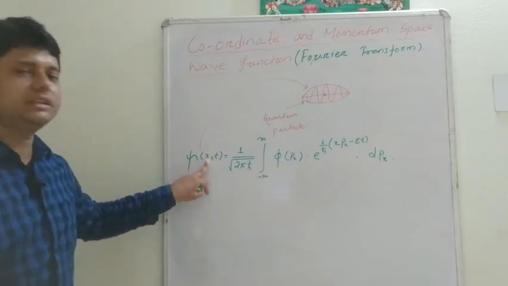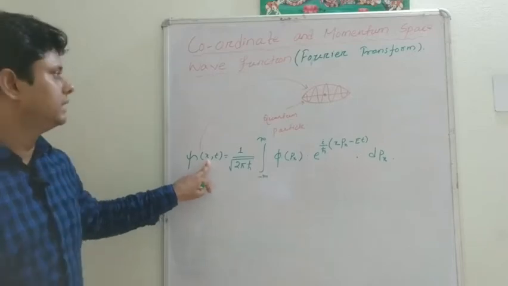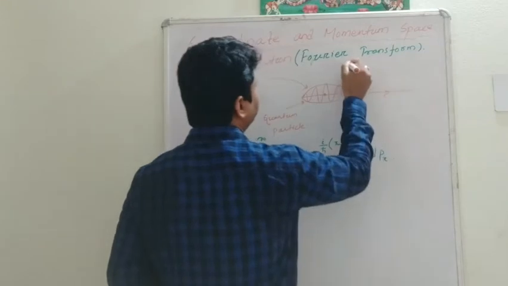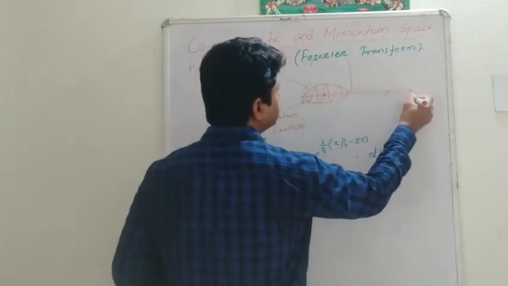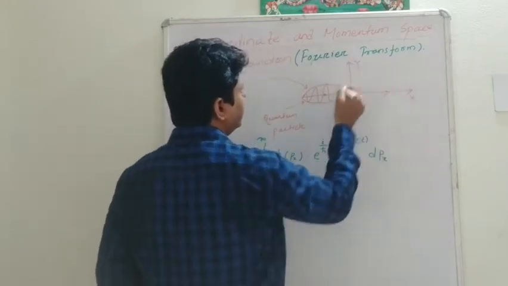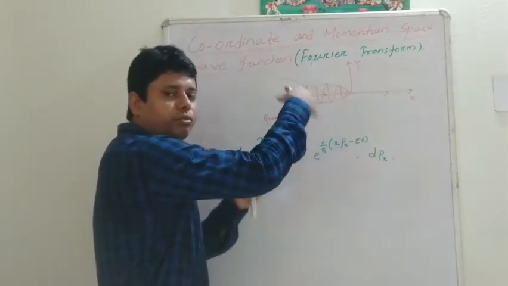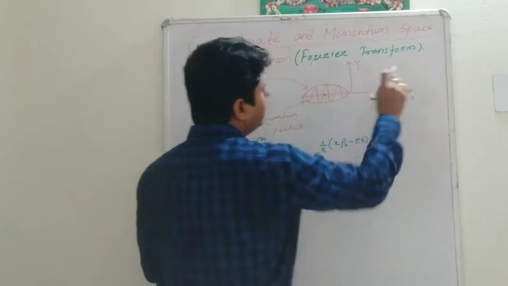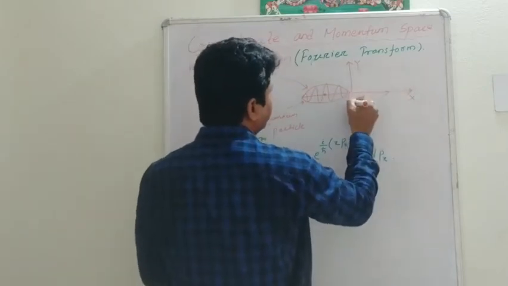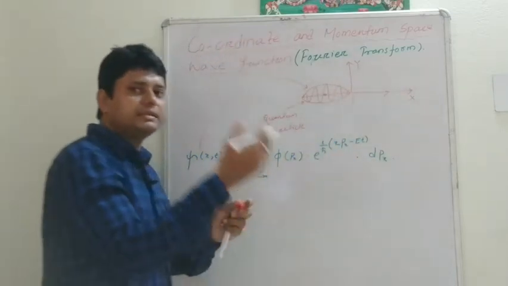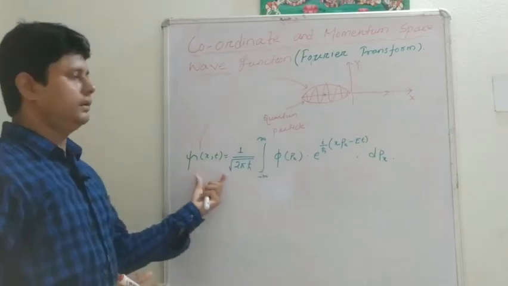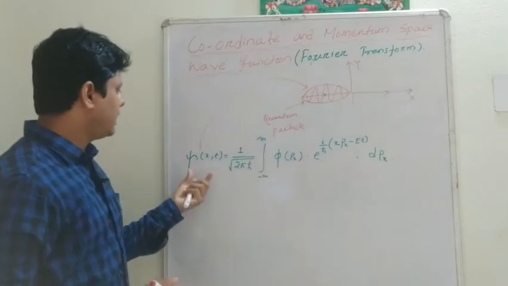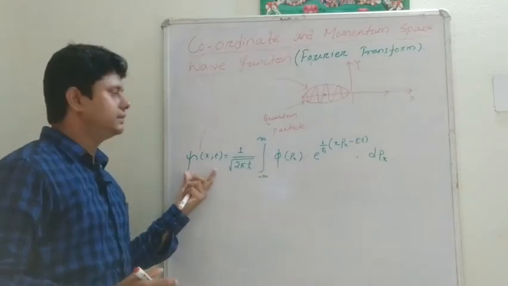Here x represents one dimension, that means this particle is moving along, suppose this is our x axis and this is our y axis. This quantum particle, which has both particle nature and wave nature, is moving along the x axis only, and it is represented mathematically in this way.